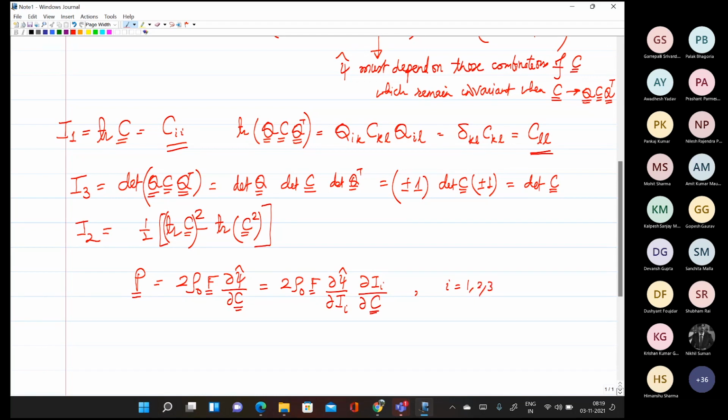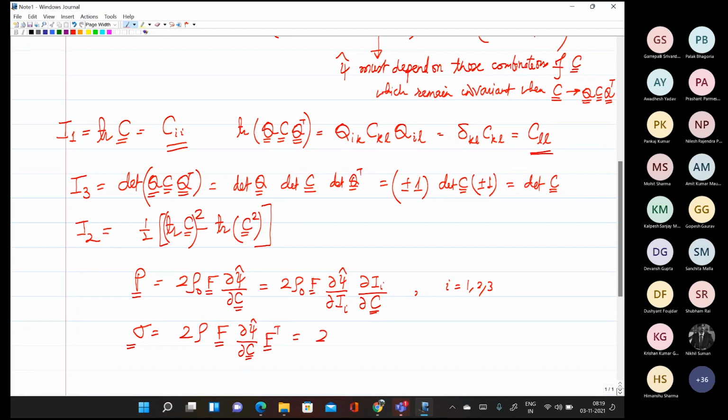right? Likewise, for the Cauchy stress tensor sigma, that's 2 times rho times F into del psi hat by del C into F transpose, right?